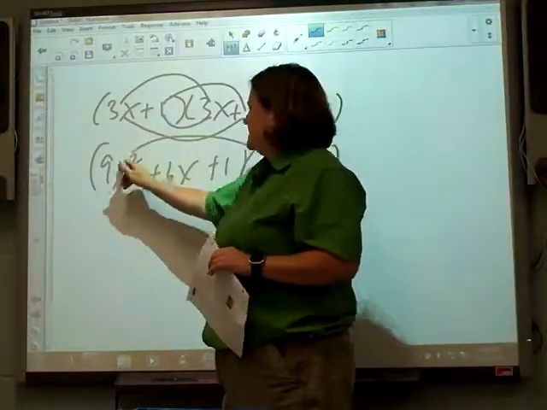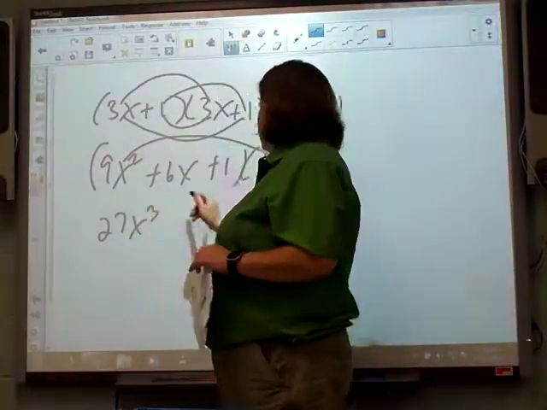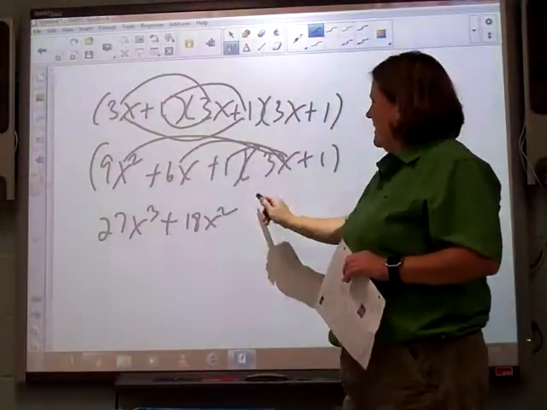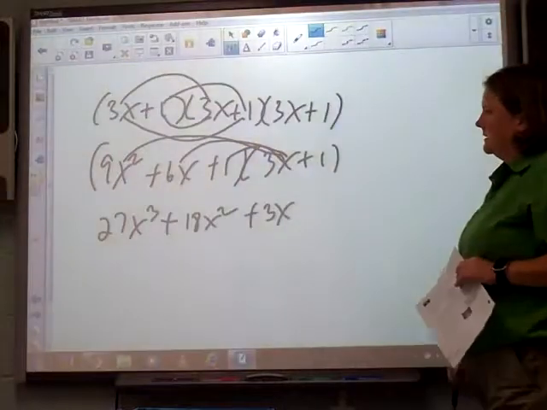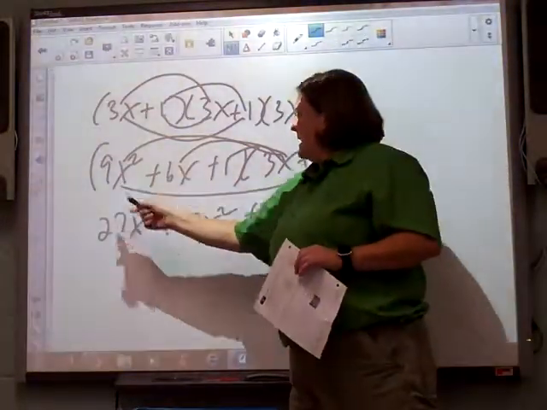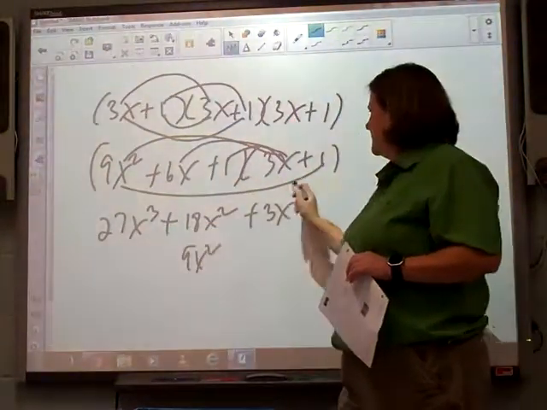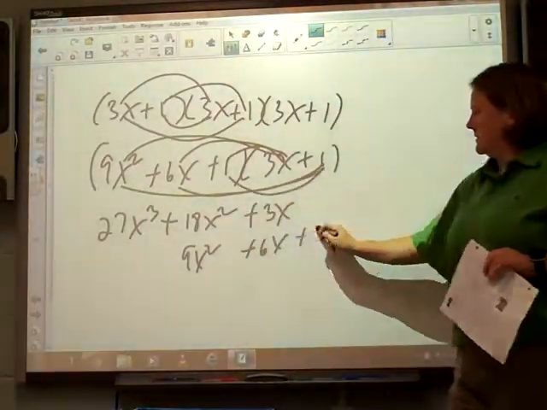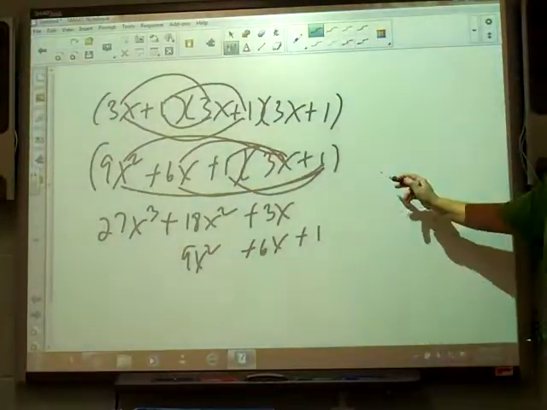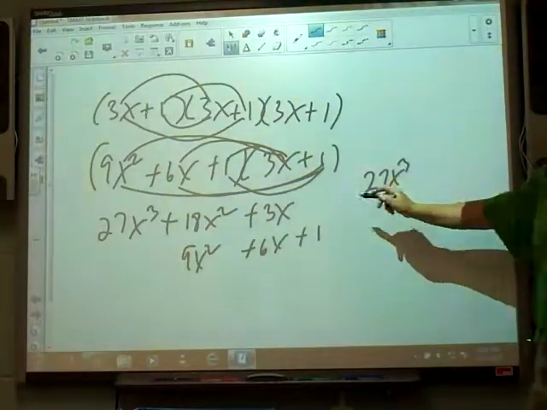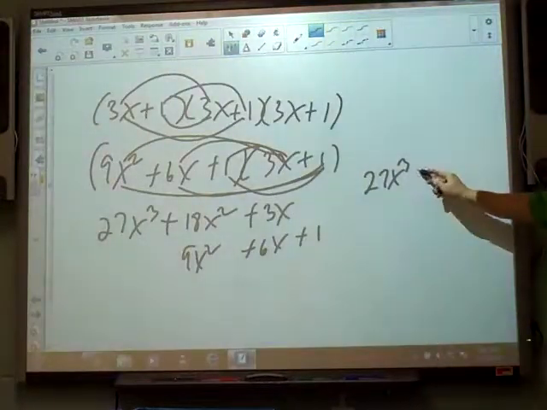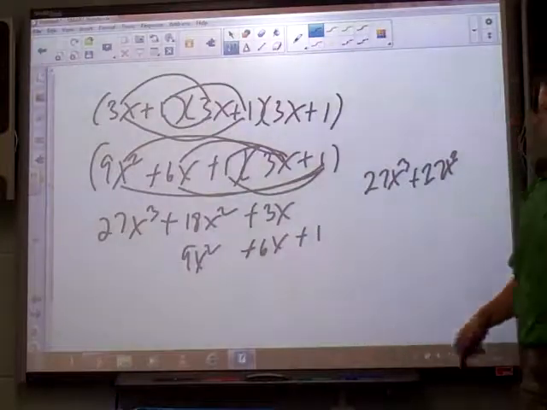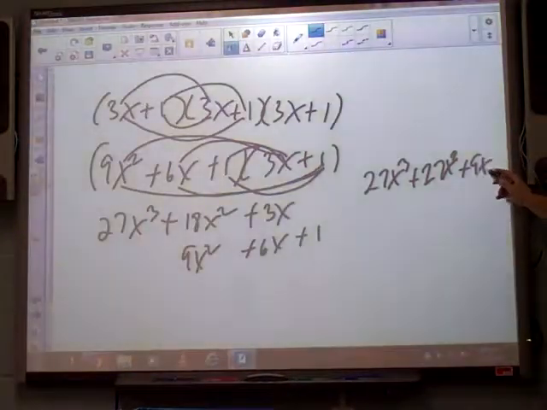So this is 27x cubed, 18x squared, 3x, and then with my 1, 9x squared, 6x, and 1. So combine those two like terms and you'll have 27x cubed. 18 and 9 is 27x squared. 3 and 6 is 9x. And then your 1.